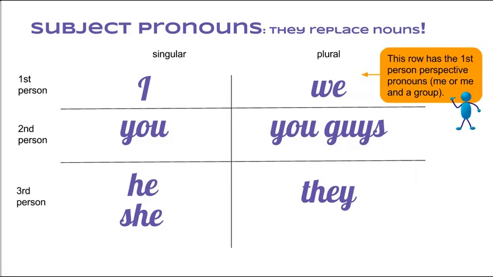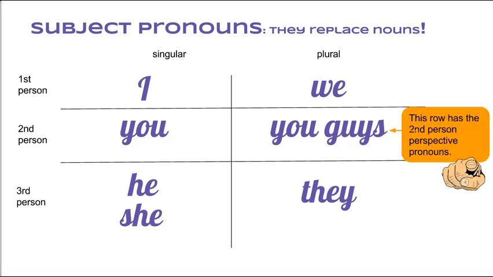There are also different rows in this graphic organizer. The first row is for first person perspective, the subjects I and we. Think about pointing to yourself when you speak in first person. The second row is for the second person perspective, the subjects you and you guys.